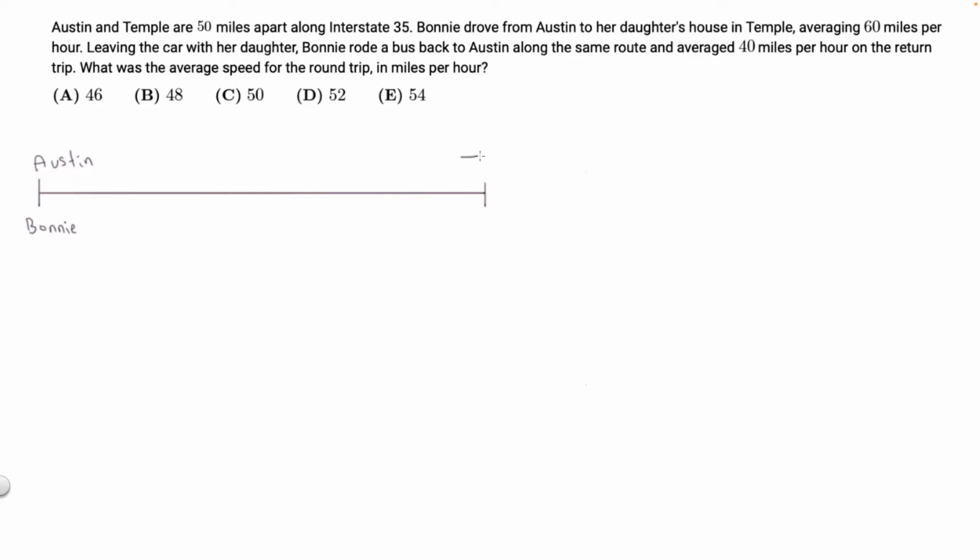And then this is going to be Temple, where her daughter is. And then Bonnie drove from Austin to her daughter's house, averaging 60 miles per hour. So Bonnie went this way, averaging 60 miles per hour.